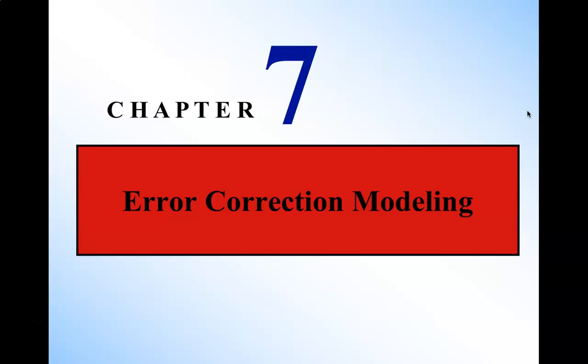Last chapter we discussed VAR, and before that we also discussed the Engle and Granger co-integration. Last chapter was about the VAR, vector autoregression, which was made popular by Christopher Sims. And after that we extended our discussion to the Johansen and Juselius co-integration test. So now it's an extension.